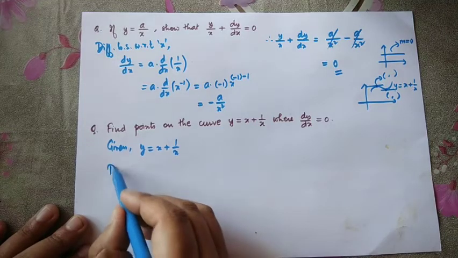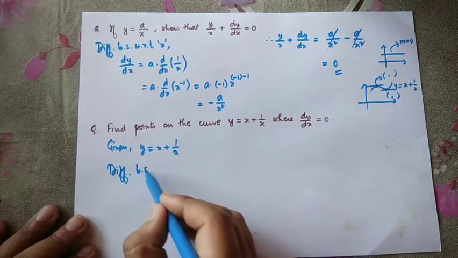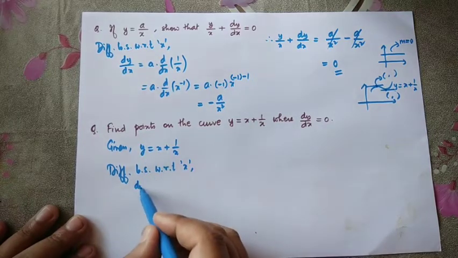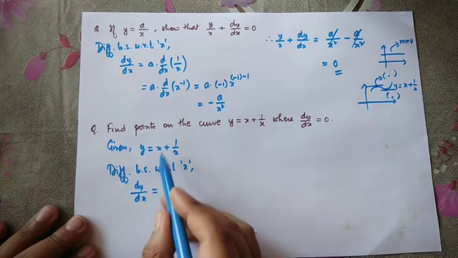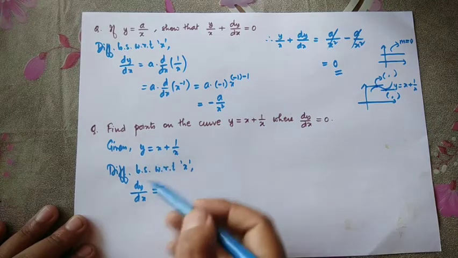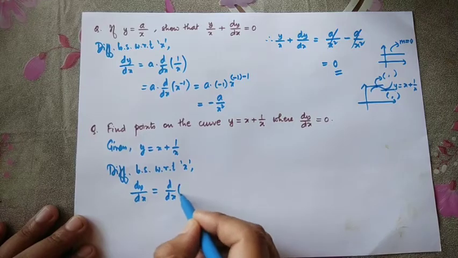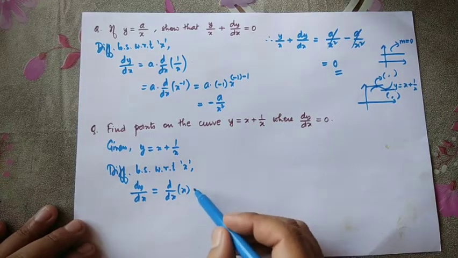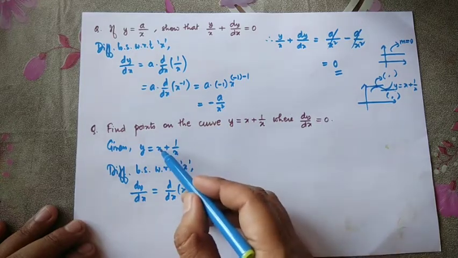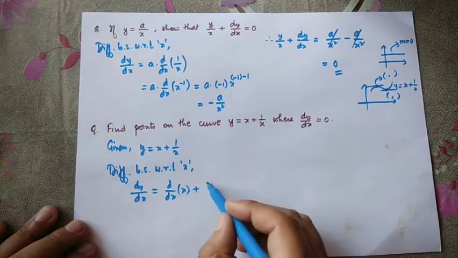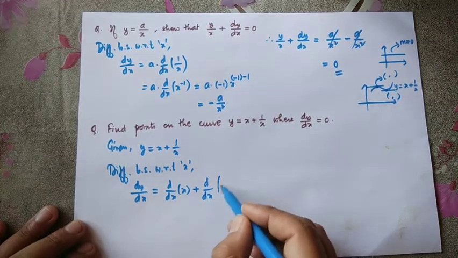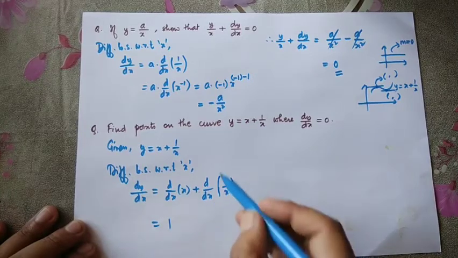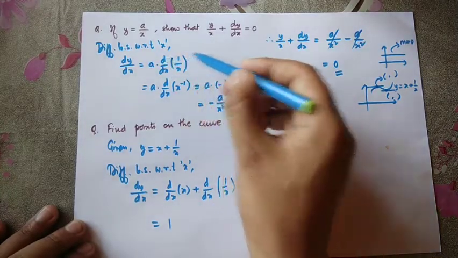Now differentiating both sides with respect to x, then this can be written as dy by dx equals to differentiation of x plus differentiation of 1 by x, and we know that differentiation of x is 1, and just now we saw that differentiation of 1 by x will be how much?